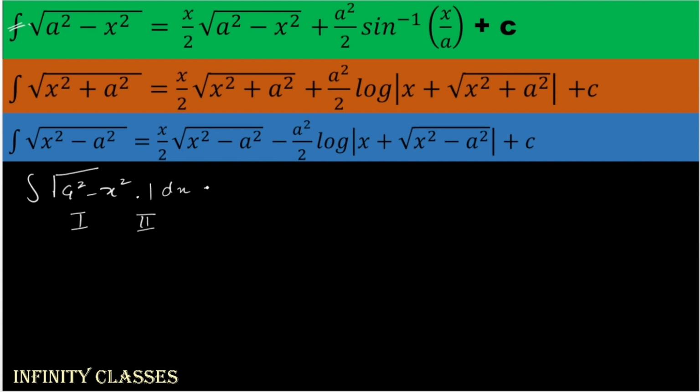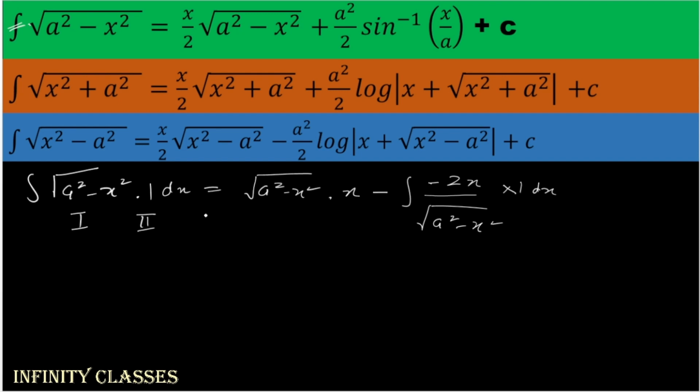So because the first function is root a square minus x square, we take first function times integration of second, meaning integration of 1 is x, minus integration of derivative of first times integration of second. The derivative of first is 1 upon 2 root a square minus x square into minus 2x, and integration of 1 is x.